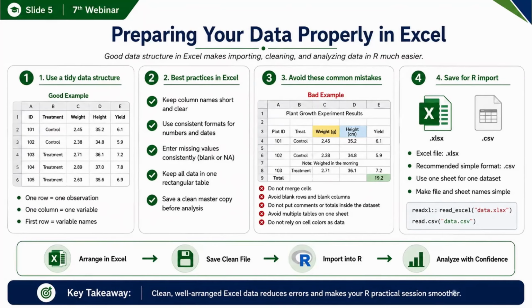Format this result output, or format this data to R software standard, or format this data to be analyzed in R, and then it will always give you these two options, XLSX and CSV.